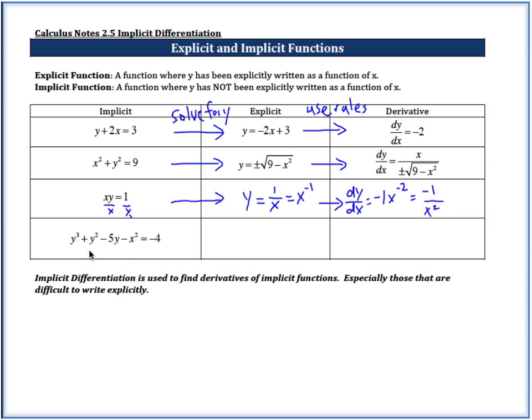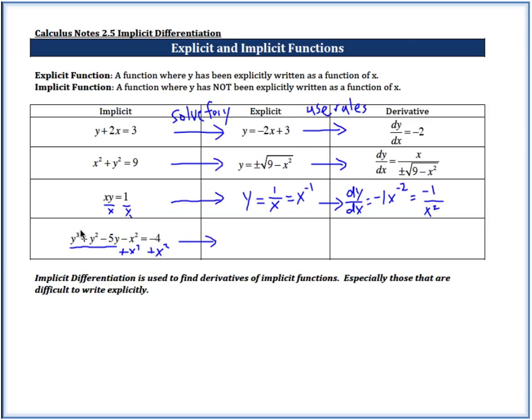However, let's take a look at this last one. Now we have y cubed plus y squared minus 5y minus x squared equals negative 4. We could try to solve this explicitly. We would add our x squared over, and we would be left with this mess over here.